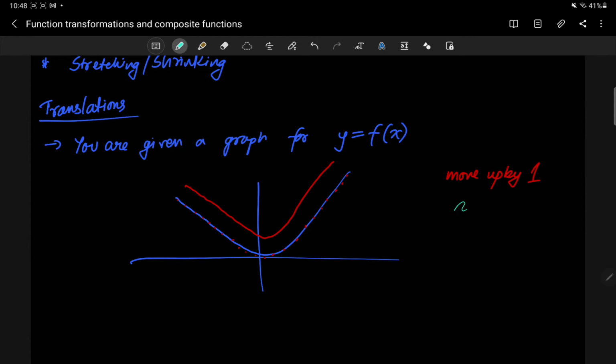Similarly, if I want to move down by 1, I would be exactly below the original curve, parallel to it, right?